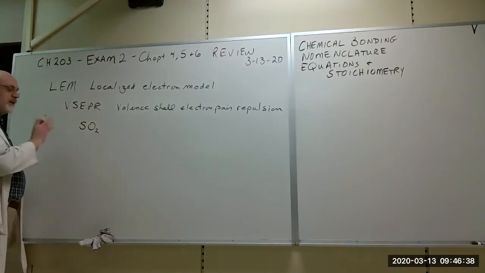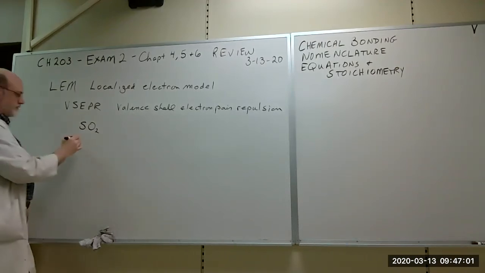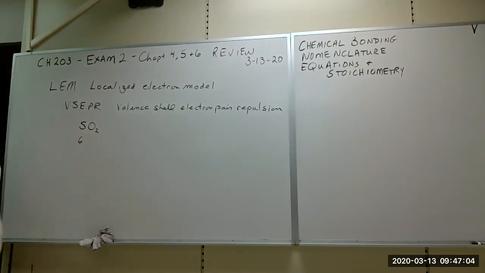First thing you do, you need to know how many valence electrons there are for each atom. And to tell that, you look at the periodic table, and sulfur is, count from the left, sodium, magnesium, aluminum, silicon, phosphorus, sulfur. 6 valence electrons for sulfur.